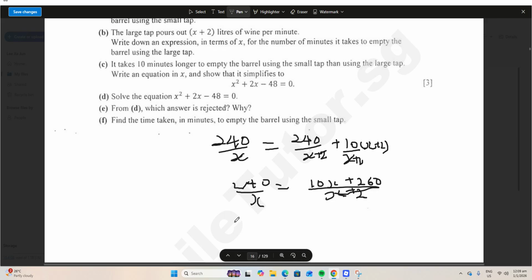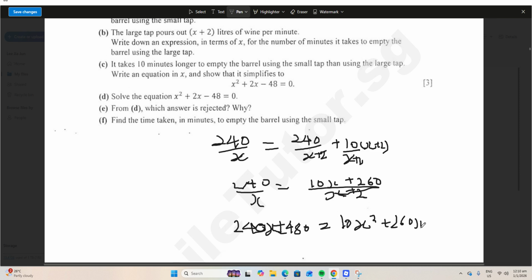Okay, so you cross multiply, so it's 240 plus x plus 480 will give you 10x squared plus 260x. Okay, I'll just go and check the answer.